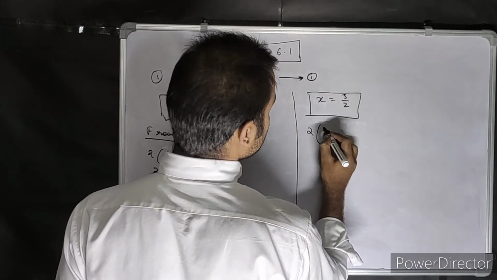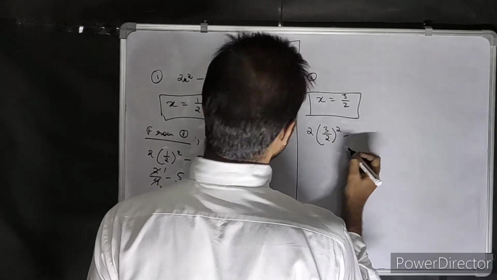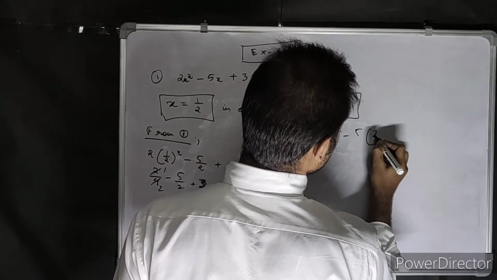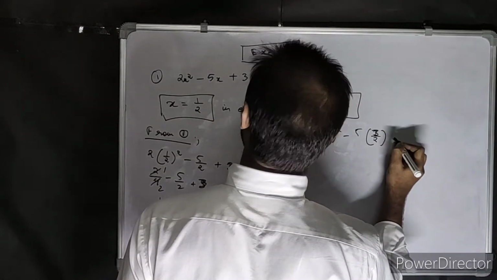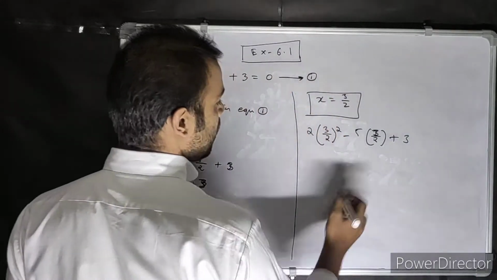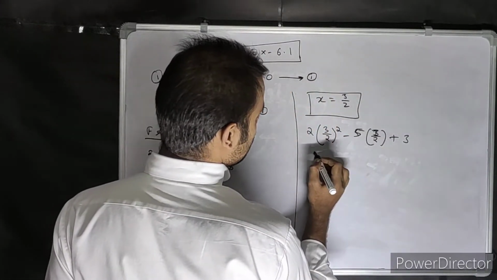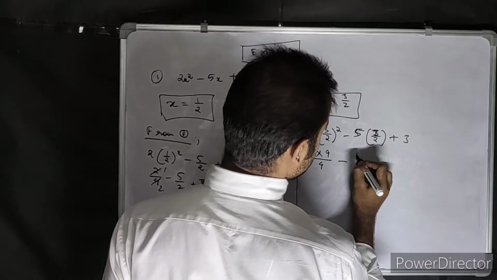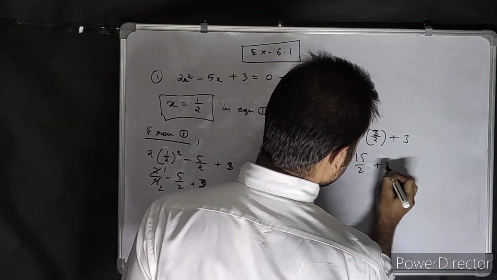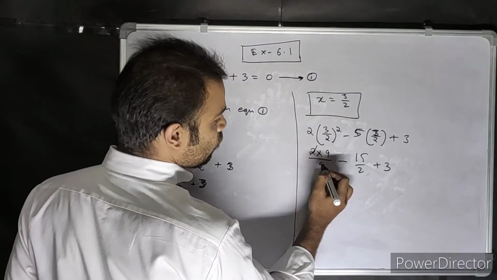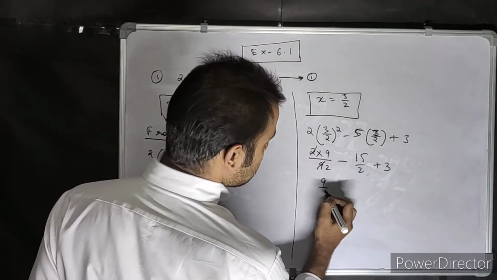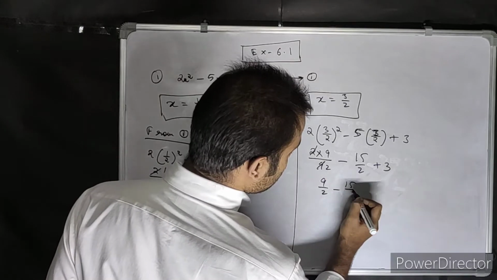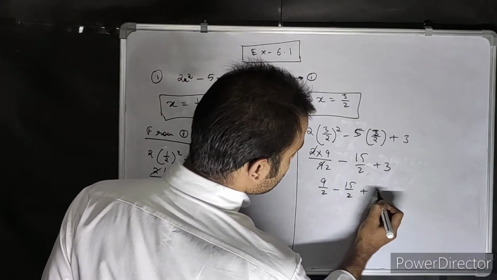So (3/2) whole squared, times 2, minus 5 into 3 by 2 plus 3. So 2 into 9 by 4 minus 15 by 2 plus 3. That's 9 by 2 minus 15 by 2 plus 3.